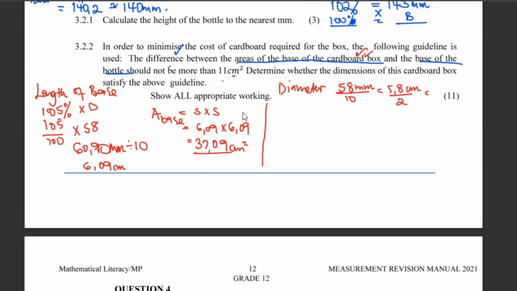I get the answer as 2,9. So the radius is 2,9 centimeters. So the area will become pi r squared, which is 3,142 times 2,9 squared.